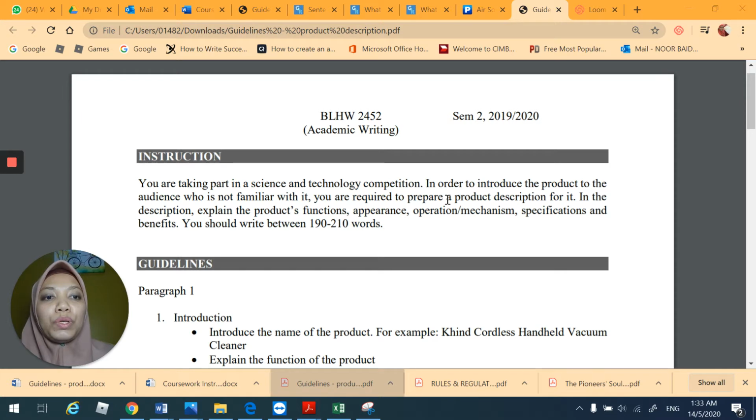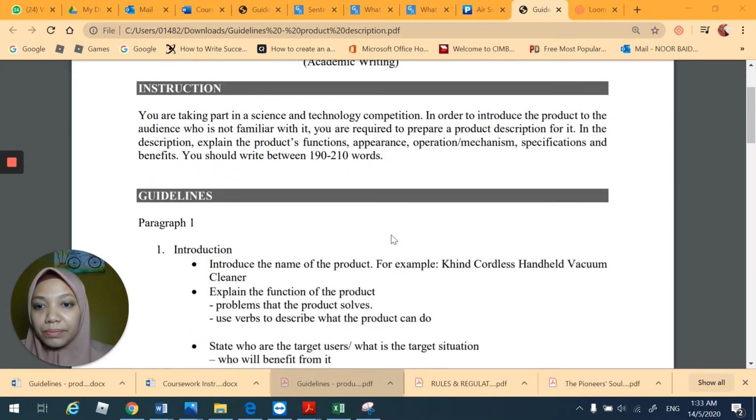Your description must contain the product's functions, appearance, operation or mechanism, specifications, and benefits. Your description must be within 190 to 210 words.